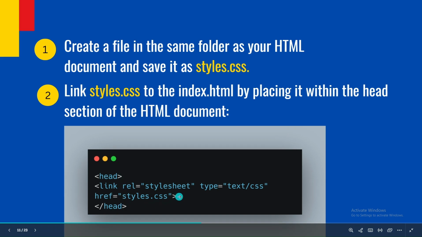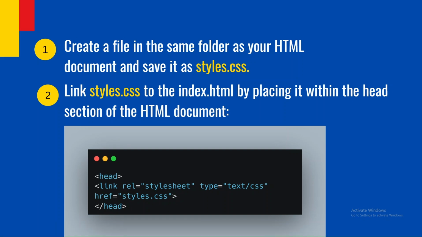Now, what does this line mean? What it says is that we want to link our CSS file to our HTML page. So this rel attribute helps us to get a relationship between the CSS file and your current HTML document.